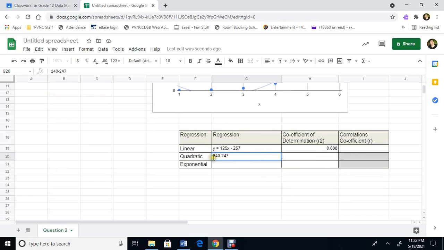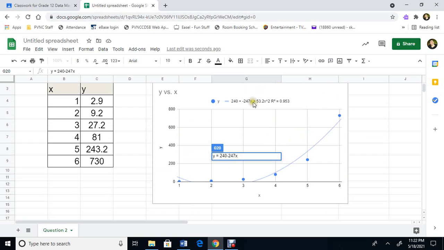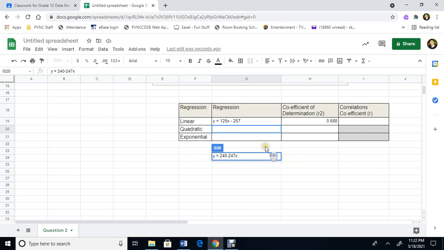It doesn't put it in the same order I would, I would put the x squared first, but I'll just type it like this: y equals 240 minus 247x plus 53.2x squared. So plus 53.2x to the power 2. I'll just use this symbol here. So I've typed that one.